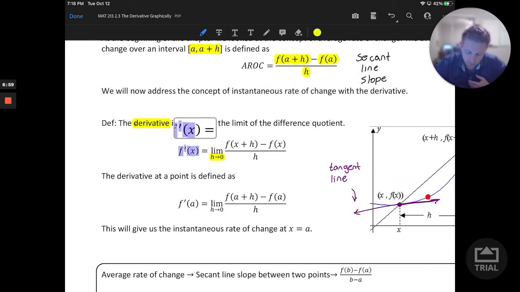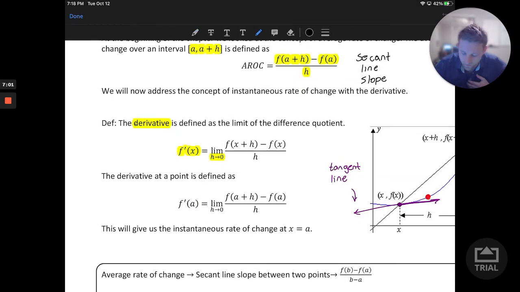This would be the instantaneous rate of change of the whole function f anywhere on its domain.